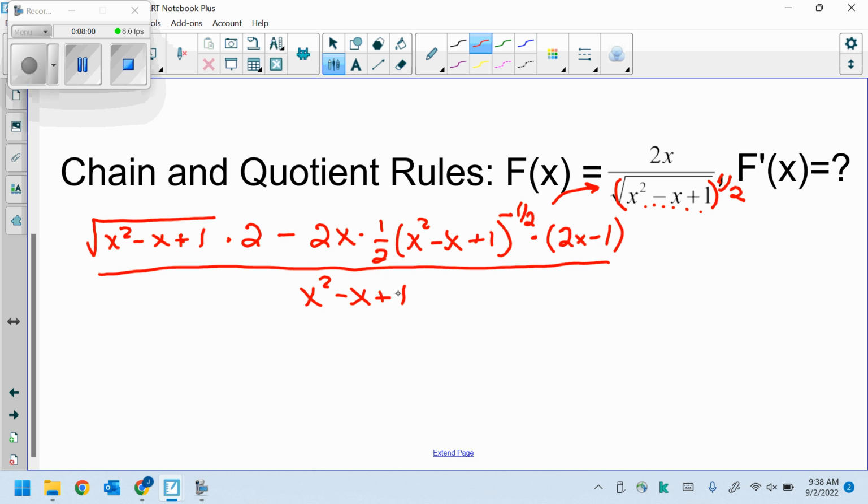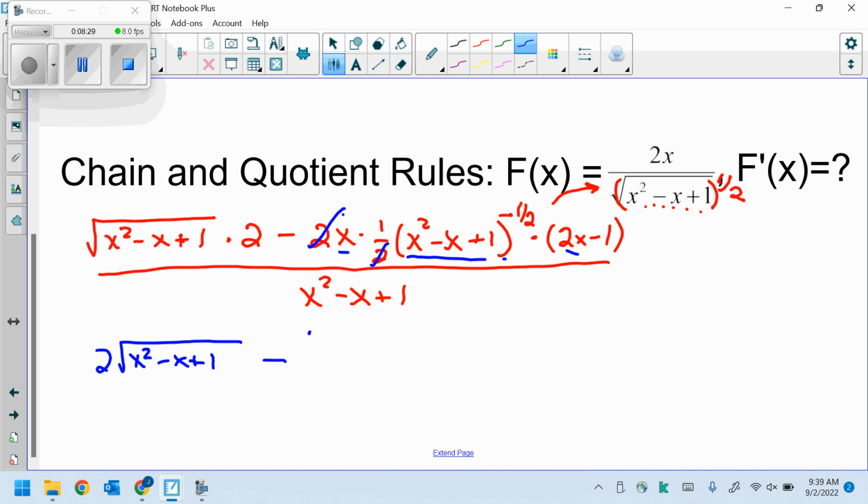So what I've got is 2 of these square roots. Minus, well, let's see, this 2, that 2, gone. This is going to be on the bottom of a fraction because it's got a negative exponent, but I can take this times this.